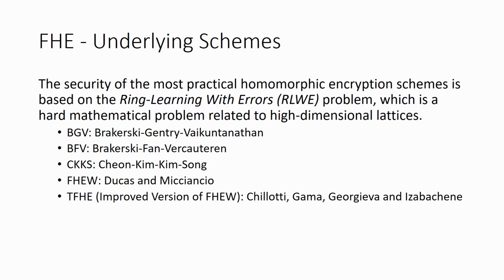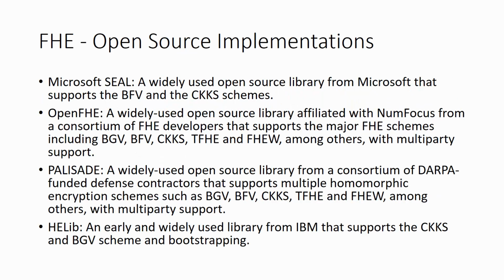Usually, all FHE schemes use ring learning with errors: BGV, BFV, CKKS, FHEW, and TFHE, which is an improved form of FHEW. Now, there are a lot of open source implementations of fully homomorphic encryption available: Microsoft SEAL, OpenFHE, Palisade, HElib.